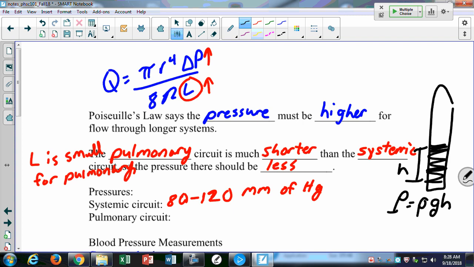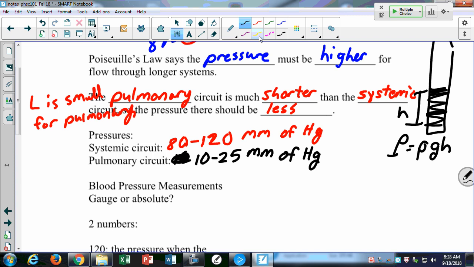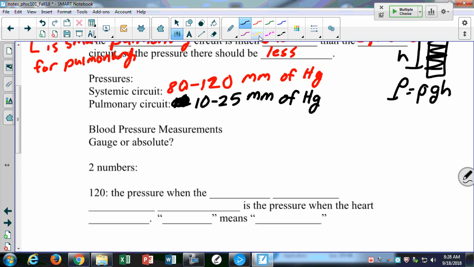The pulmonary circuit is 10 to 25 millimeters of mercury. So much lower pressure in the pulmonary circuit. Your blood pressure measurements, are these gauge or absolute measurements?